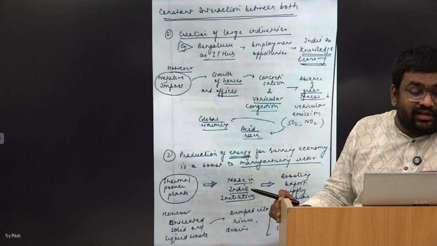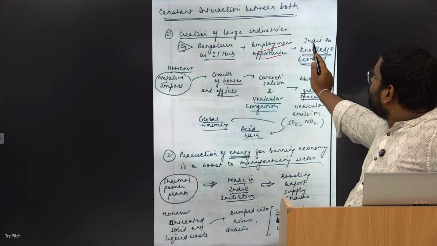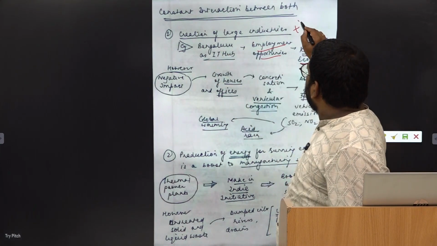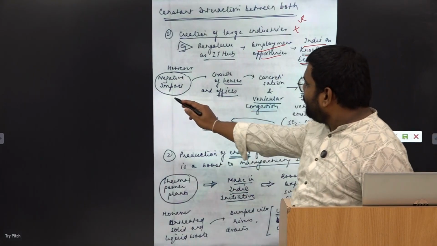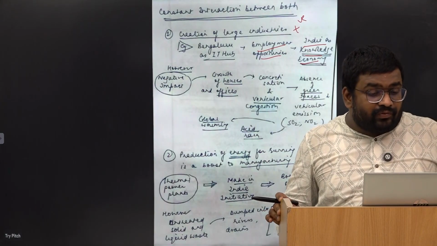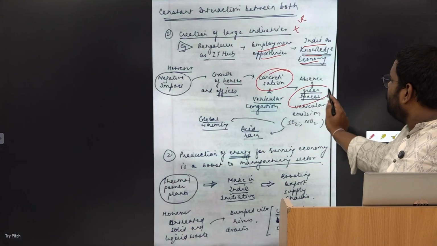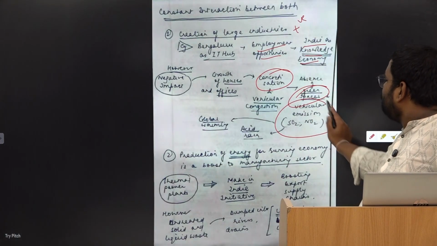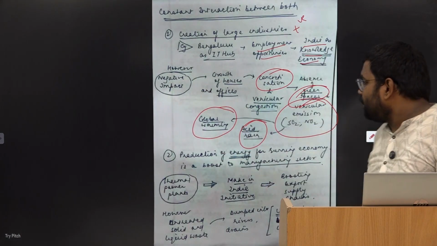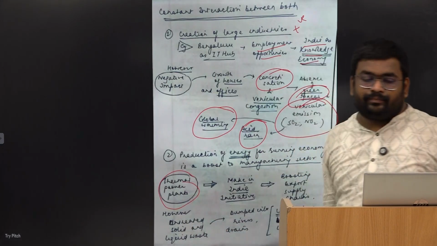Creation of large industries, for example the Bangalore IT hub, leads to employment opportunity and India's knowledge economy. This is the positive relationship. But the negative impact is growth of houses and offices, which creates concretization, absence of green spaces, vehicular emission, SO2, NO2, causing acid rain and global warming. Negative impact. And again, a second negative impact.